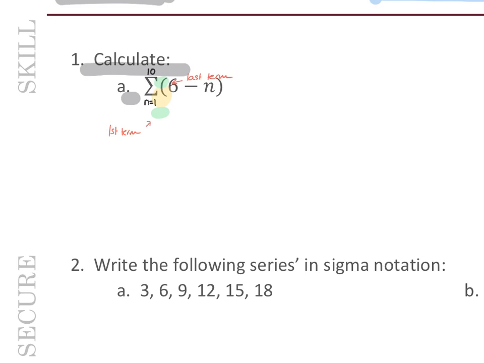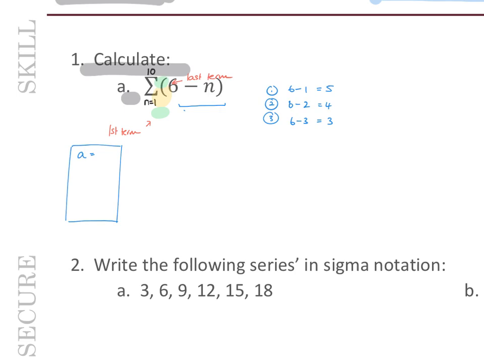Now, the way we need to do this is we need to generate at least a few terms of the sequence, and the sequence is here. So we are going to generate the first couple of terms: term 1, term 2, term 3. So term 1 is 6 minus n equals 1, 6 minus n equals 2, 6 minus n equals 3, and so on.